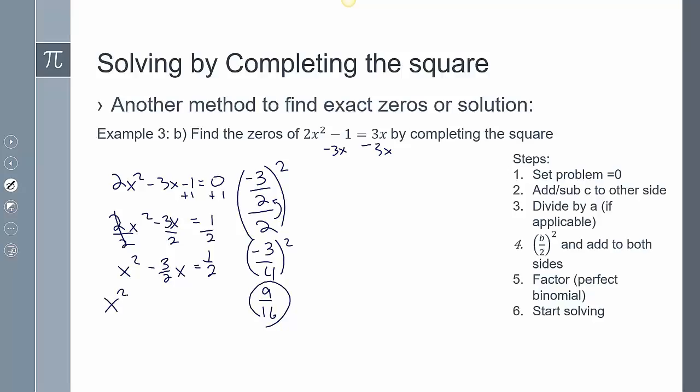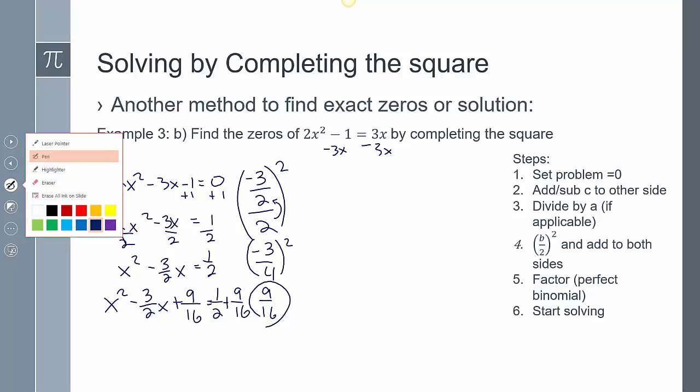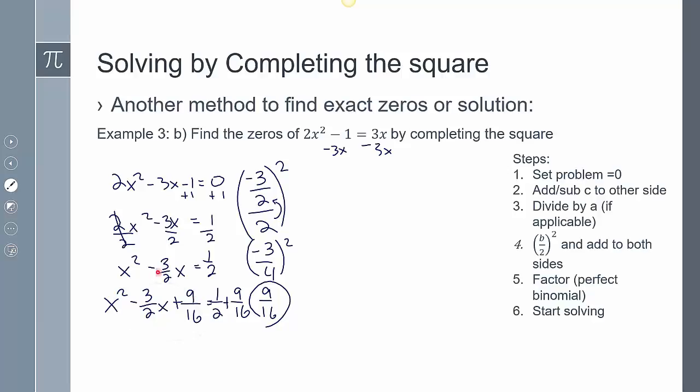So I'm going to get x squared minus 3 over 2x plus 9 over 16 equals 1 half plus 9 over 16. Now you're looking at this and it's just a mess. This looks yucky to even try and factor because that's going to be our next step.